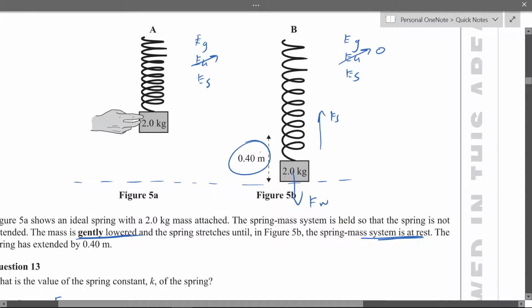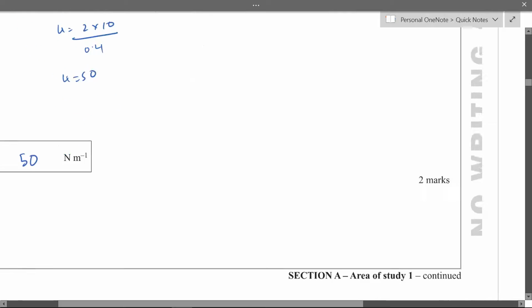But since we don't have a height 0 line defined for us, we can take the place where figure B is as h0. If we do that, then figure B also doesn't have gravitational energy.